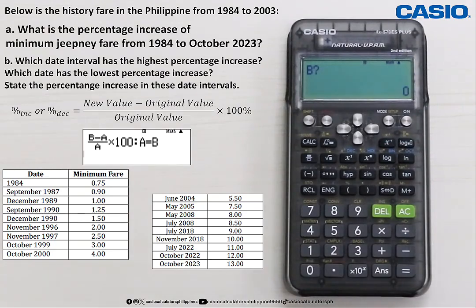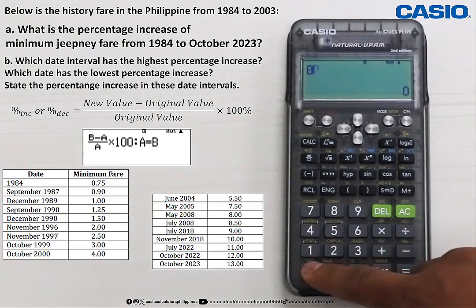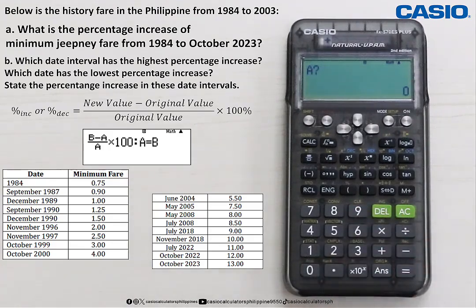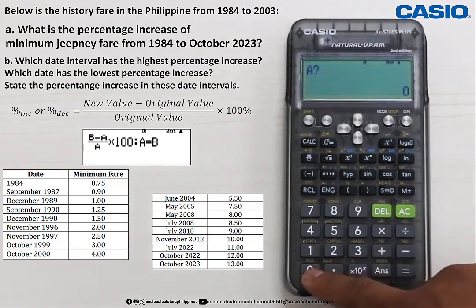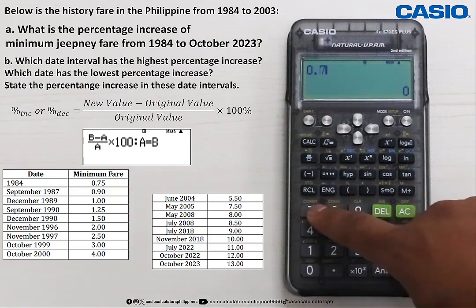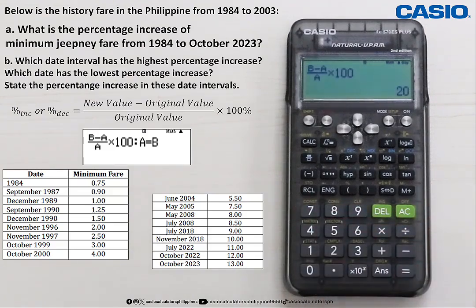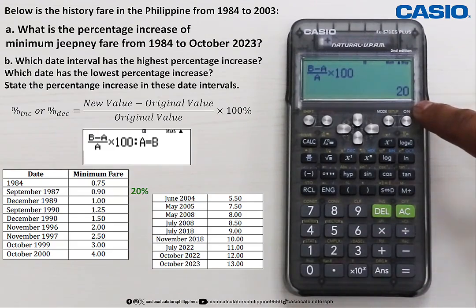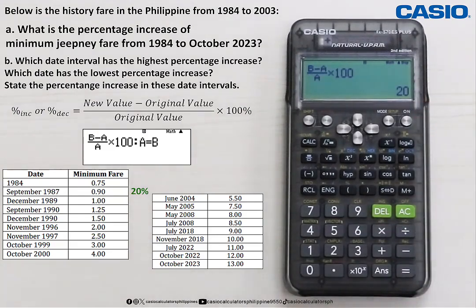The calculator will ask the initial new value. The new value from September 1987 is 0.9, while the original value from 1984 is 0.75. If we press equal sign, it will give that the percentage increase from 1984 to 1987 is 20%.